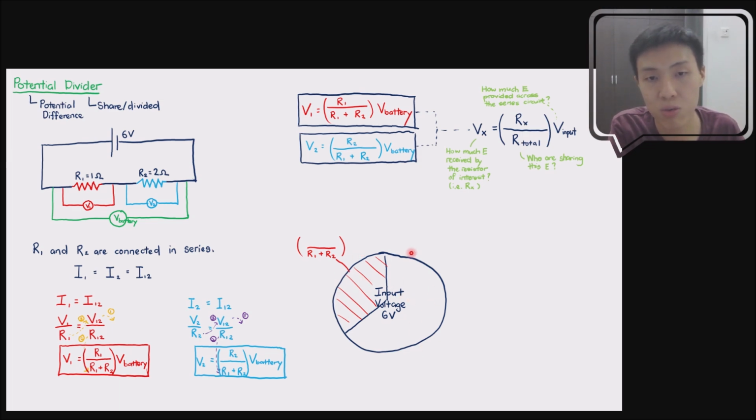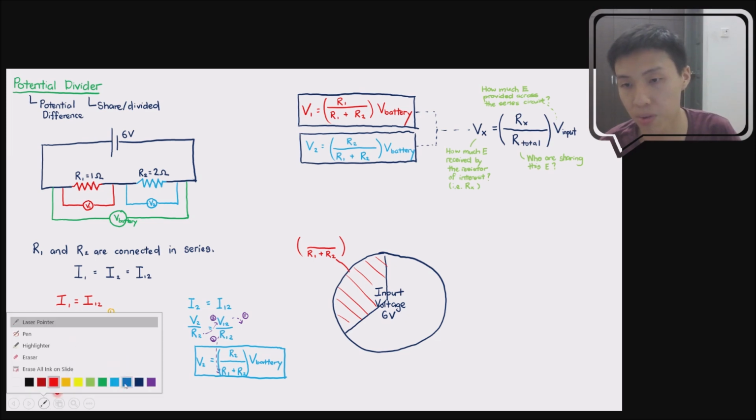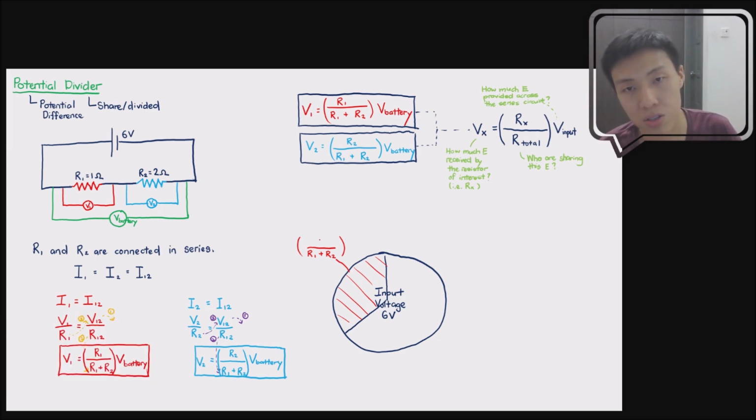The input voltage will be shared completely between R1 and R2. So there's only two people trying to take that energy. So that's the denominator, because that represents everyone. This portion here is only the one that we're interested in, which is R1. So we're going to put R1 on top. So this is the fraction that represents this red portion over here.